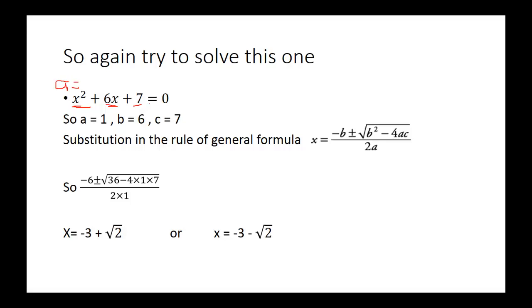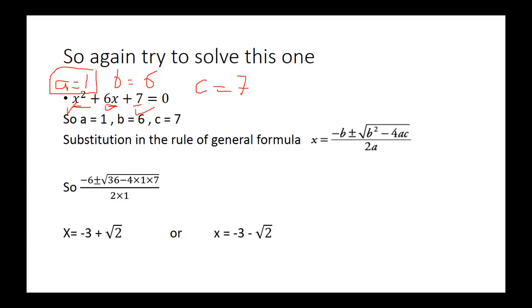If we don't have any number next to x power 2, then a equals 1. b equals 6, the coefficient of x. c is the number with no variable next to it, so c equals 7. So a equals 1, b equals 6, c equals 7.